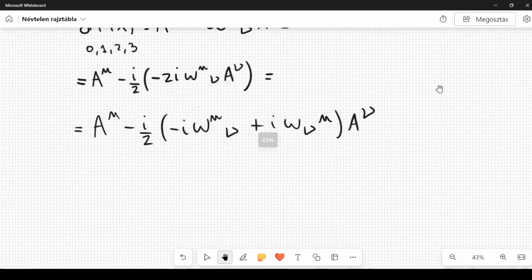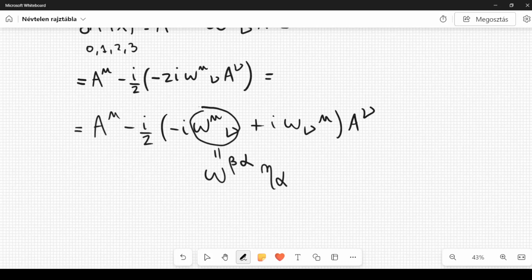Now I can also use the Lorentz metric to contract these indices, so I can also write it as omega beta alpha eta alpha nu delta mu beta. So you can check that this coincides with this. Now this Kronecker delta is equal to eta mu beta if you want, because when we have mixed indices in the Lorentz metric, we get the Kronecker delta.